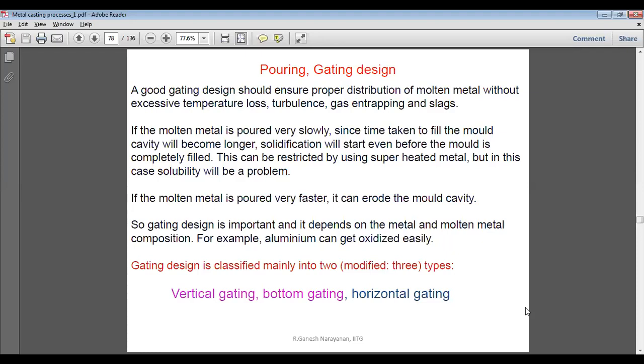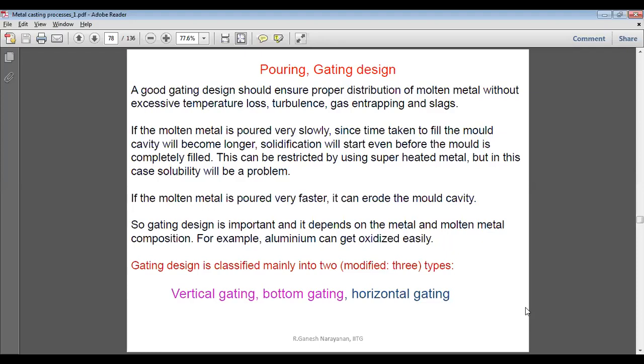If the molten metal is poured very slowly, it will take time to fill the mold. So the solidification will start at one end, and on the other hand, the mold will not be completely filled. The rate of pouring of molten metal should be smooth and efficient, so that the molten metal does not start cooling and solidifying at one end.